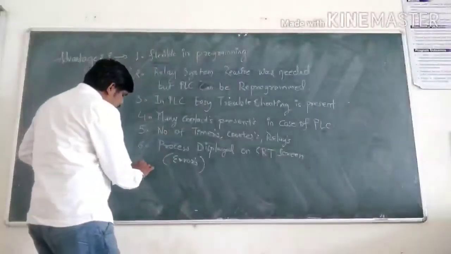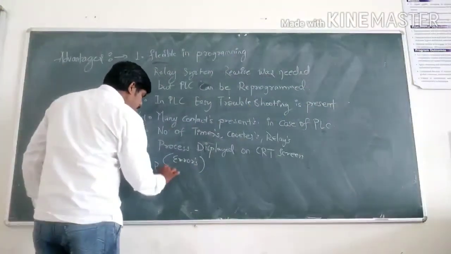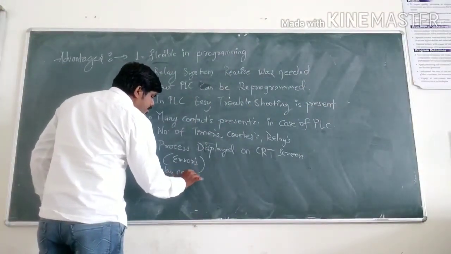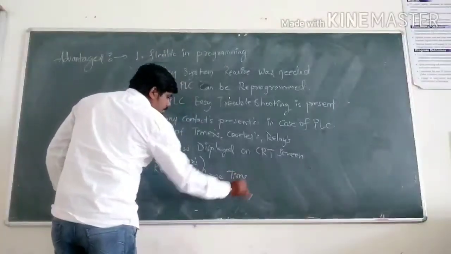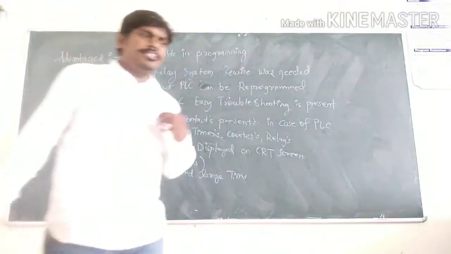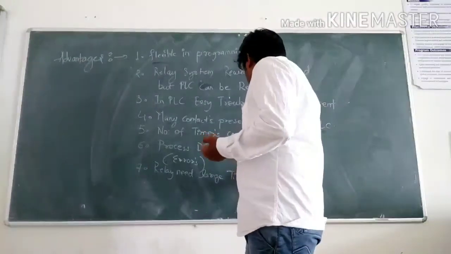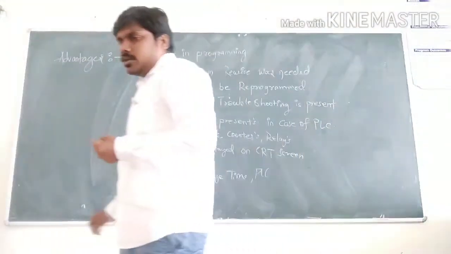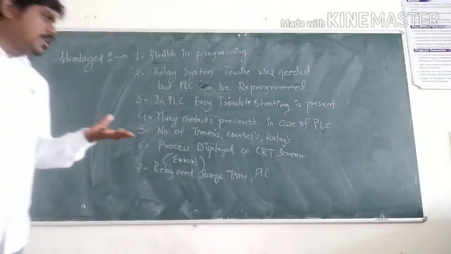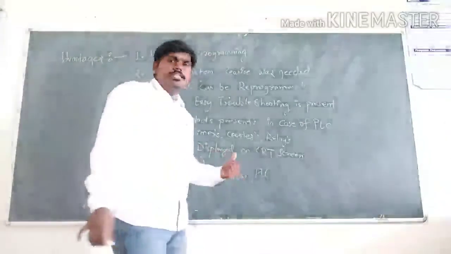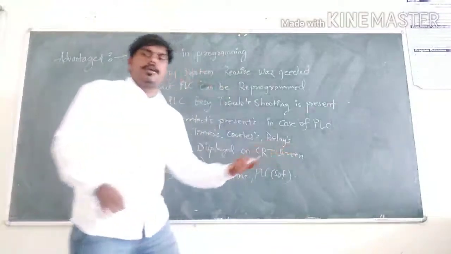Then, as we know, relay needs a very large time for an operation. But in the case of the timer in a PLC, with the help of software you can decrease that lag time.